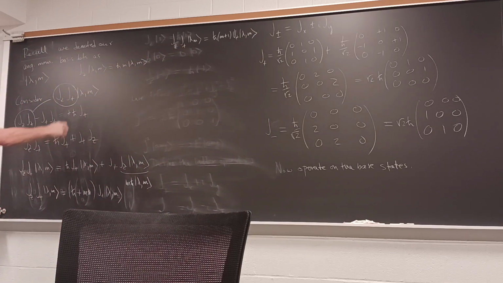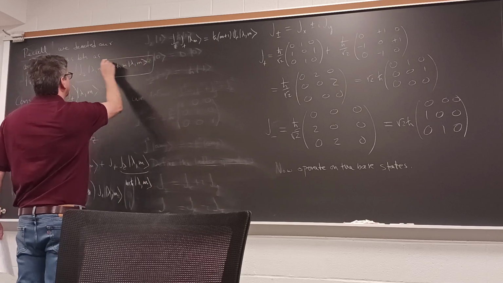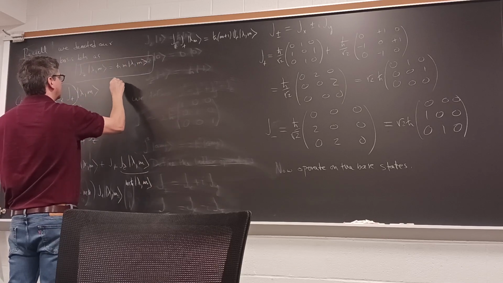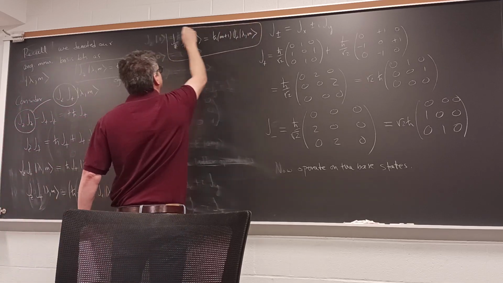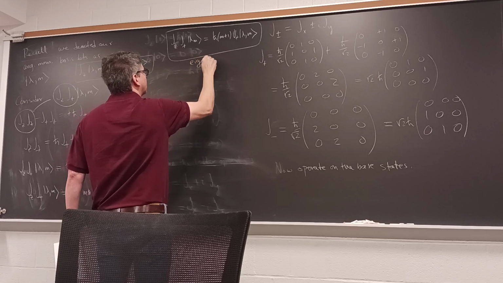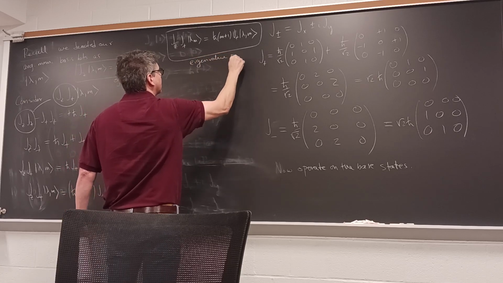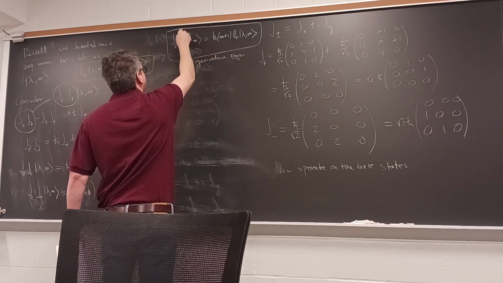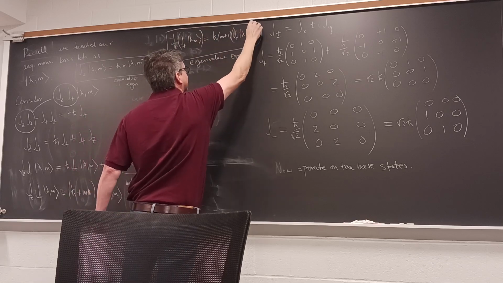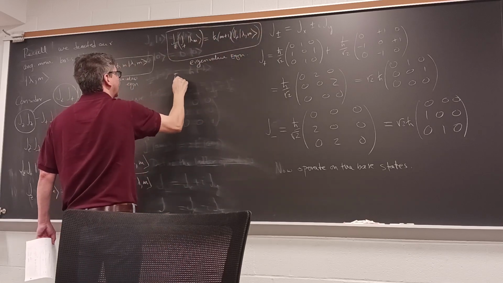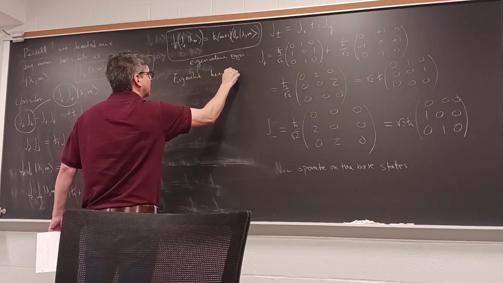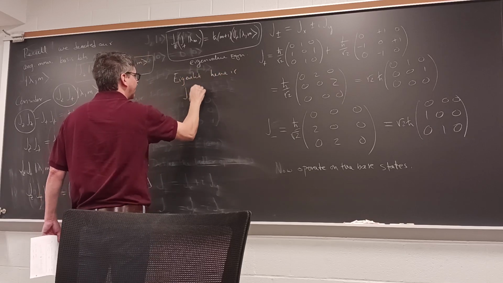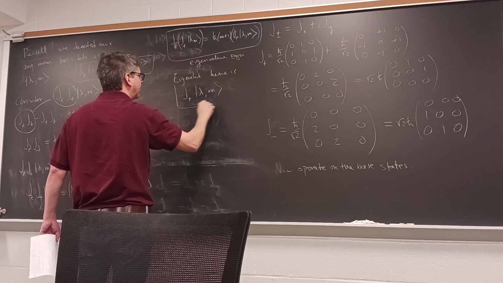Well, this is an eigenvalue equation, and so is this. It's an eigenvalue equation where the eigenket is this thing. So the eigenket here is j plus acting on lambda m.